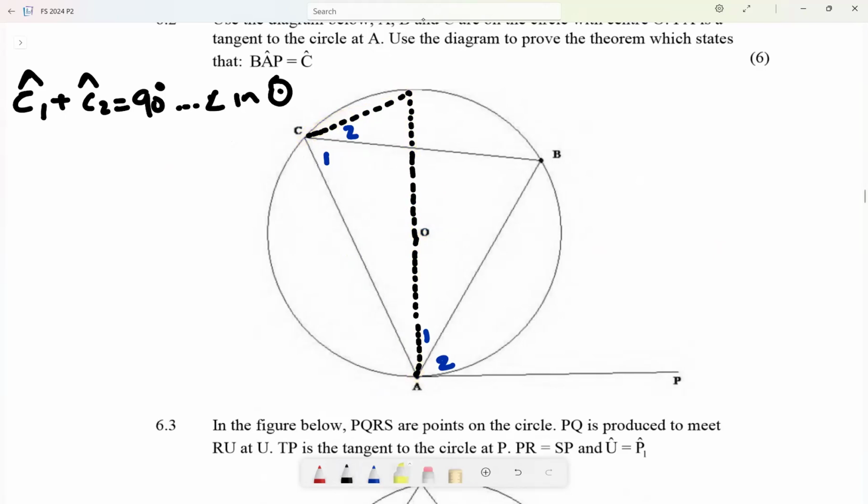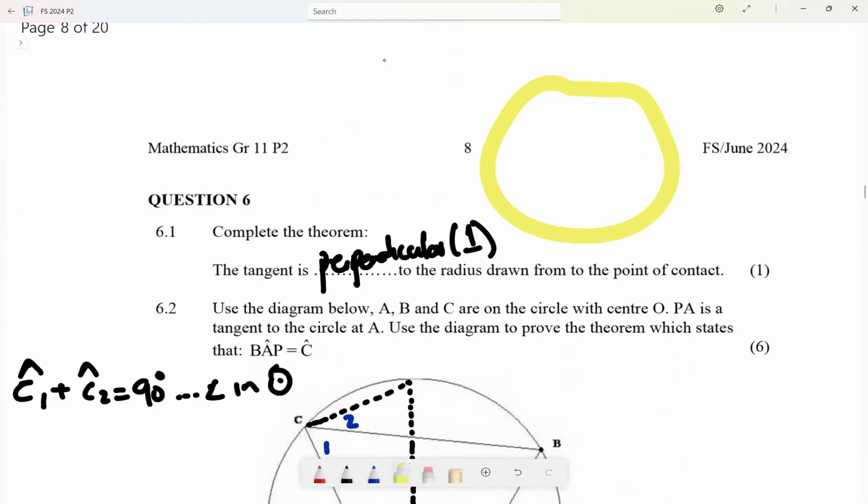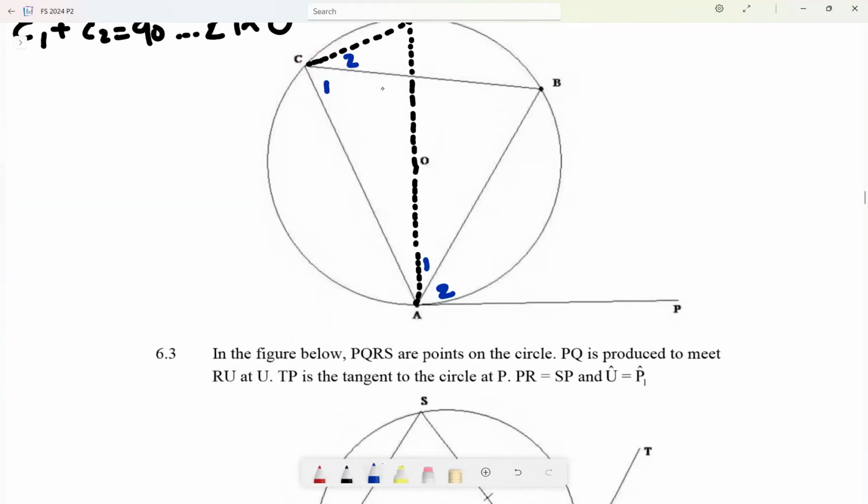Another thing happened. Remember, we just said if I have a tangent and a radius, it gives me how much? 90 degrees. So similarly here, if this is a diameter from here to there, it means from the center to here it is a radius, and then I have a tangent.